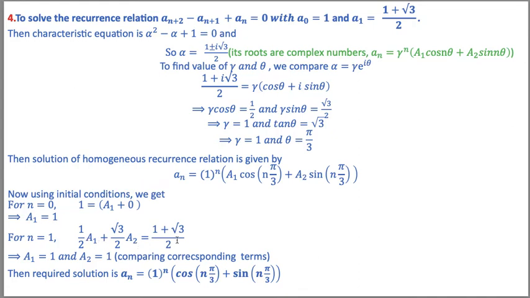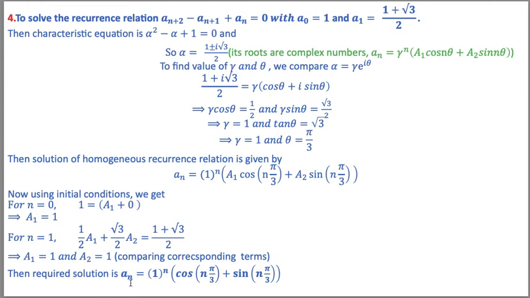If we compare the corresponding terms, then half of a1 is equal to 1/2, meaning a1 equal to 1. And √3 a2 upon 2 is equal to √3/2. Under root 3 upon 2 will cancel out from both sides. We get a2 equal to 1.